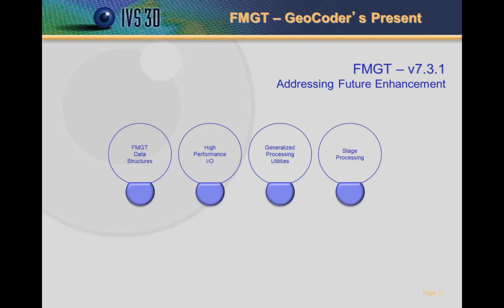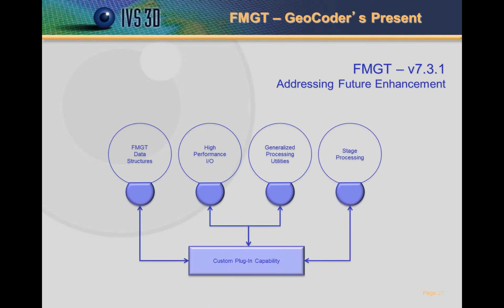It gives a third-party developer, who can be at a university or just a single person that wants to write some code, direct access to major components of the GT pipeline. This is the GT data structures and the high performance I/O, so they don't have to write their own I/O package. They get access to the generalized processing routines, and then they can basically replace parts of the pipeline.